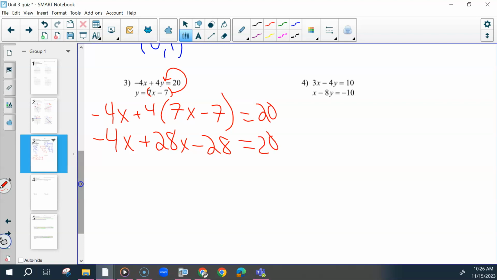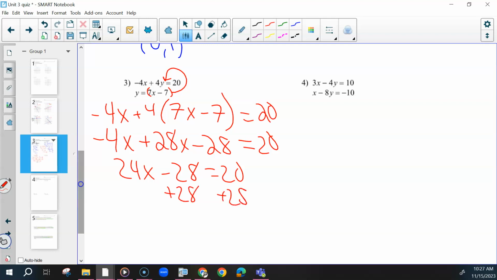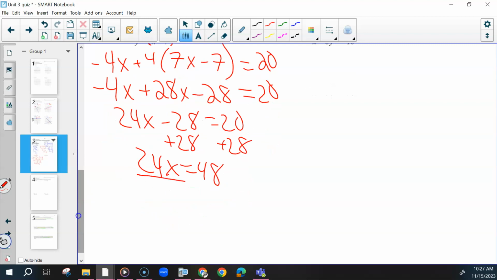Combine like terms to get positive 24x. Get rid of 28 by adding. And then x would equal 2 when we divide.